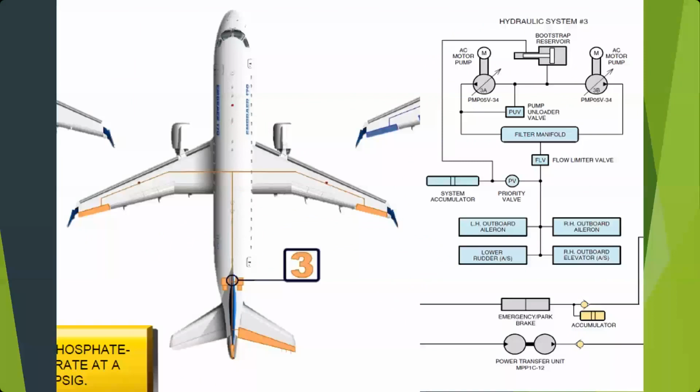Here it shows the rudder getting power from the number 3 system and from the number 1 system. So, again, any single hydraulic system is able to allow the aircraft to maintain control, through those various redundancies and overlaps in what they do.